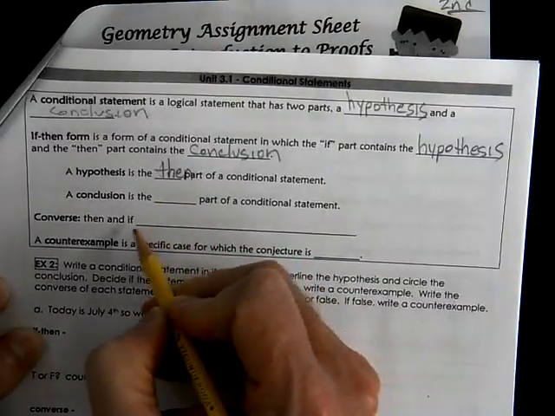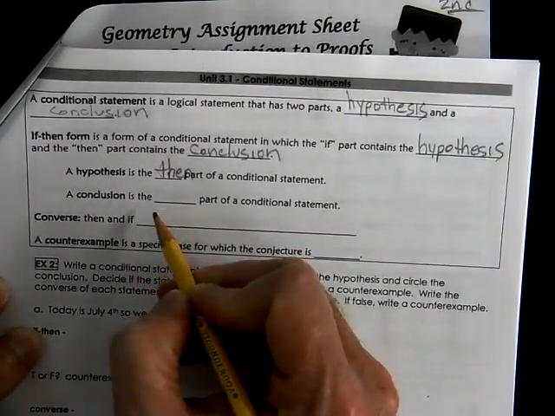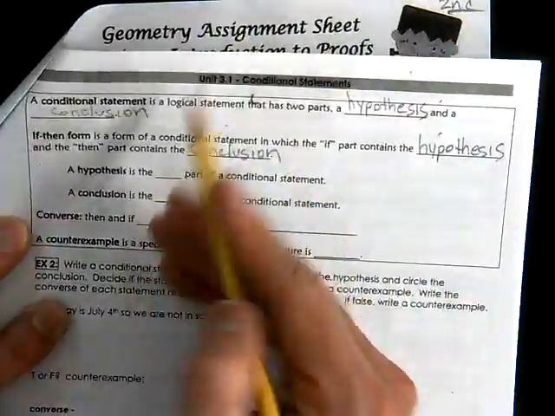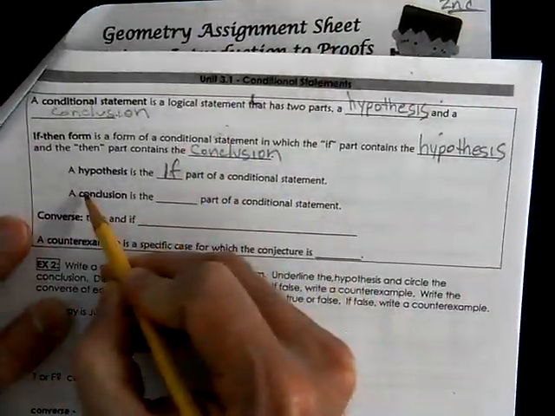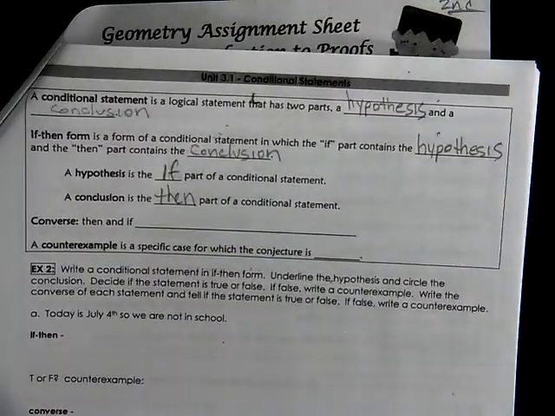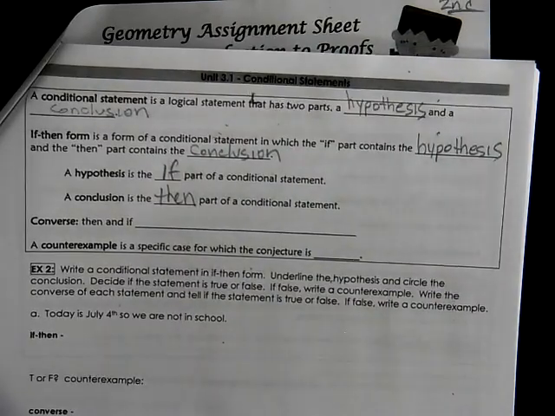And the conclusion is the... Oh, I'm sorry, I said that backwards. The hypothesis is the if part. And the conclusion is the then part. We'll talk more about what that means here in a second.